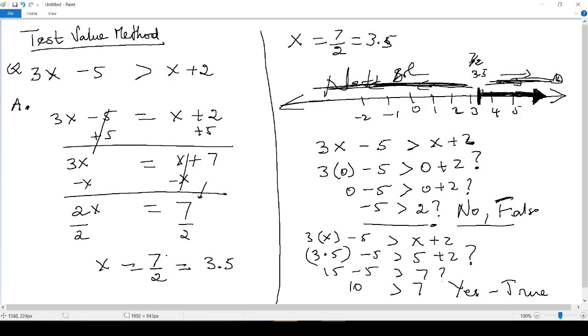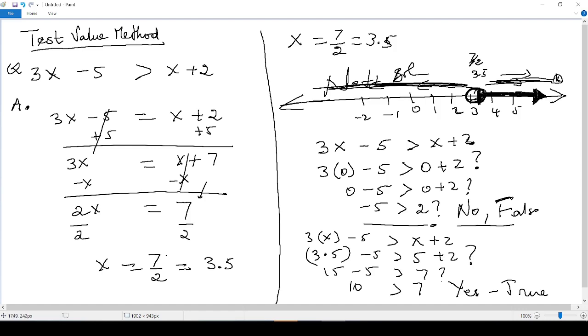Should be an empty dot, because 3 is not part of the solution. Why? Because we have a strict inequality. There is no equal sign following the greater. So 3 is not part. So it should be an empty dot.